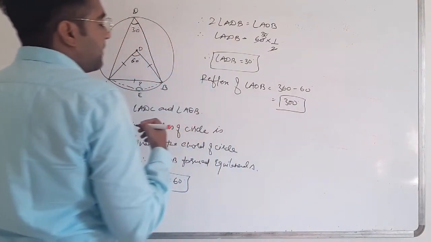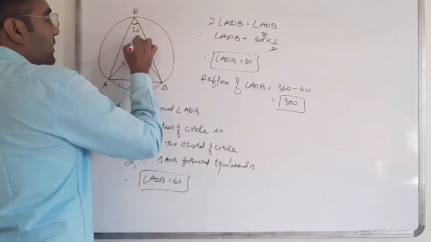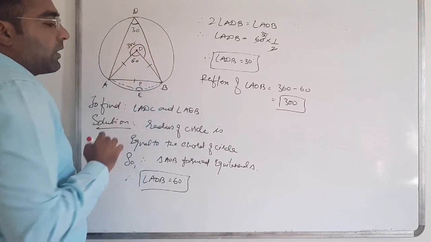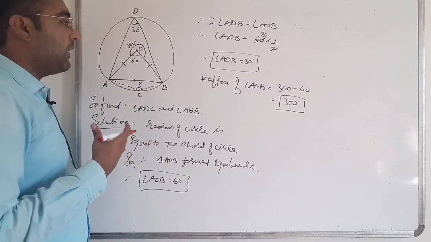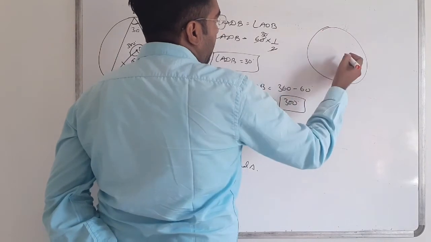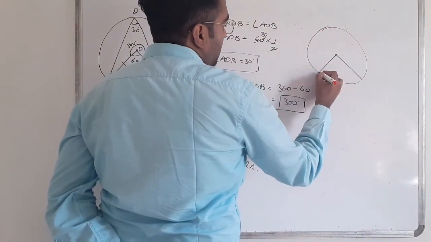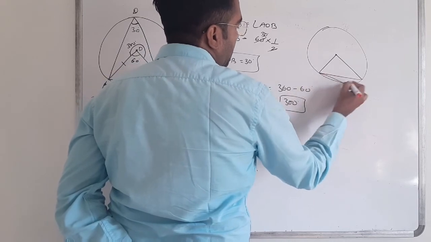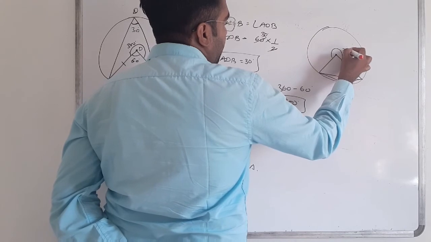Okay, so my reflex angle of AOB is equal to 300 here, this angle. If you want then I'll draw another figure for that one particular. So here my angle is 300 degrees.